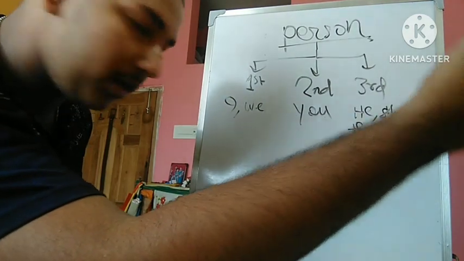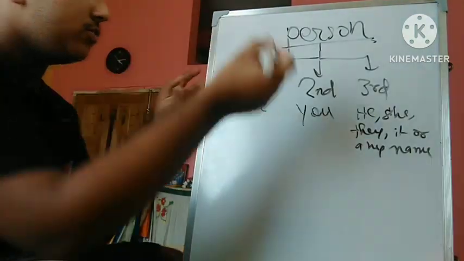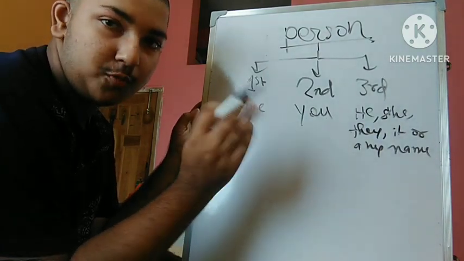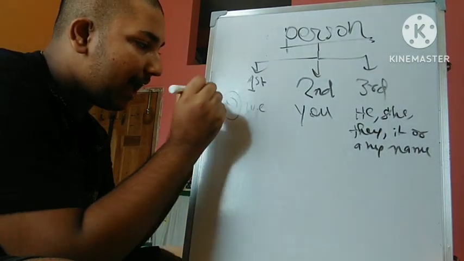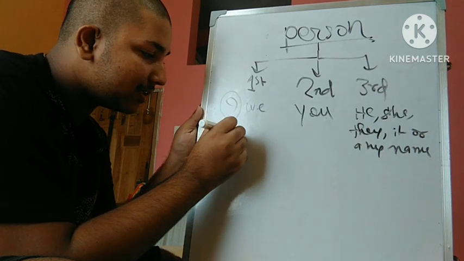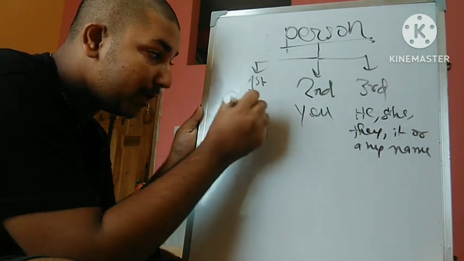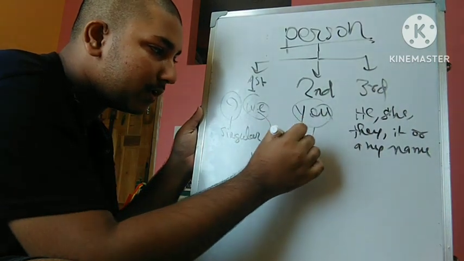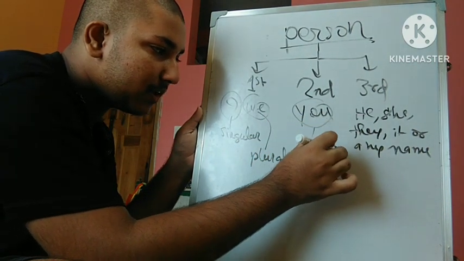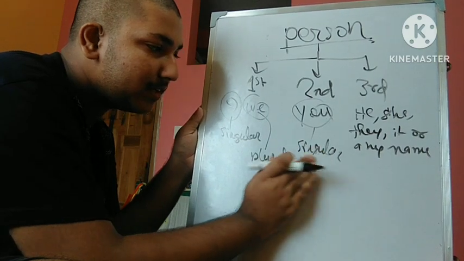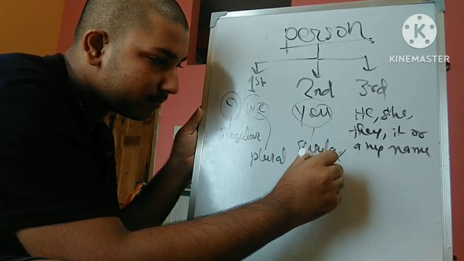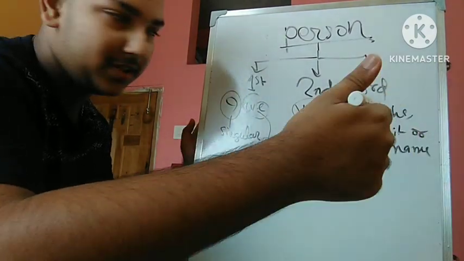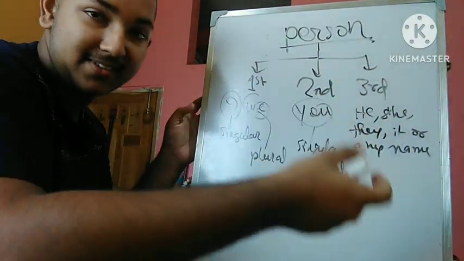He, she, they, it, or any name. Okay. So on the basis of this we can categorize it into two parts. Here I is singular, but we is plural. You is both singular and plural, based on the situation or condition of the part of the sentence.